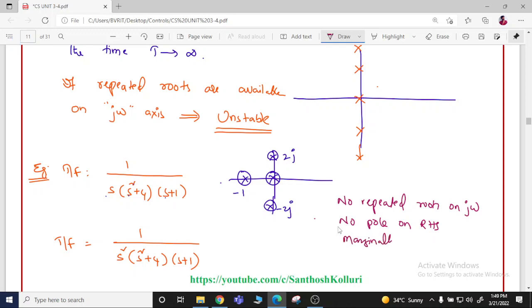In the second system, there are two roots at the origin, s square, which means it is a repeated root. So directly we can say that the system is unstable.